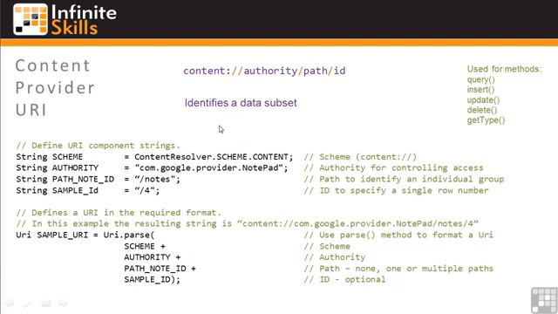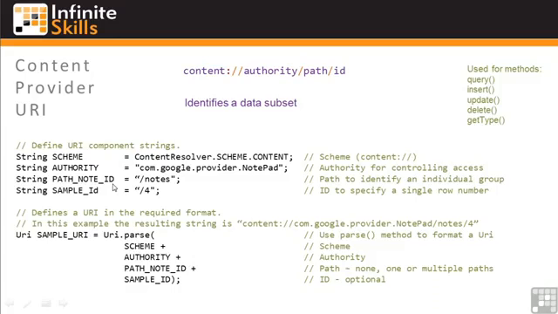In the example, the scheme string constant is SCHEME, and is defined as content://, and it's identified indirectly using a constant in the ContentResolver class, SCHEME_CONTENT. The authority string constant is AUTHORITY, and it's the controlling identifier for access, and it's defined as com.google.provider.notepad, and it's used as the gatekeeper for protecting access to data.